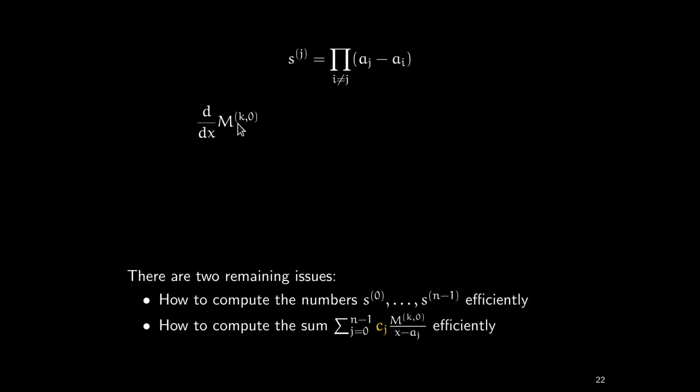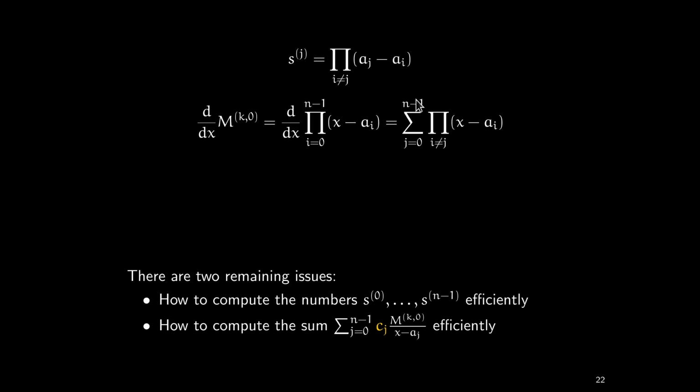What do you get? So the m is, as I said, the product of n linear polynomials. If you differentiate it, you can use the product rule. And the product rule for n factors gives you a sum.